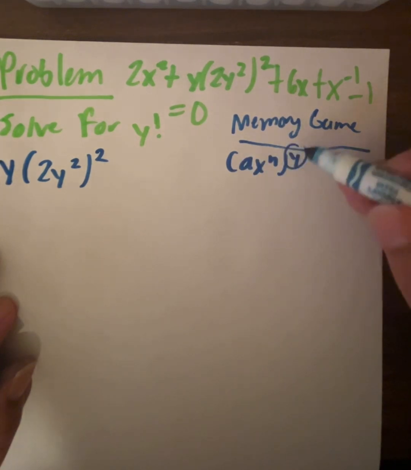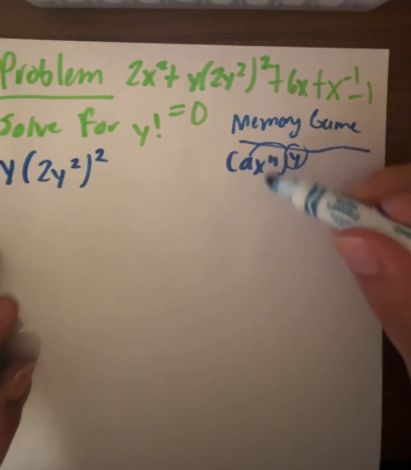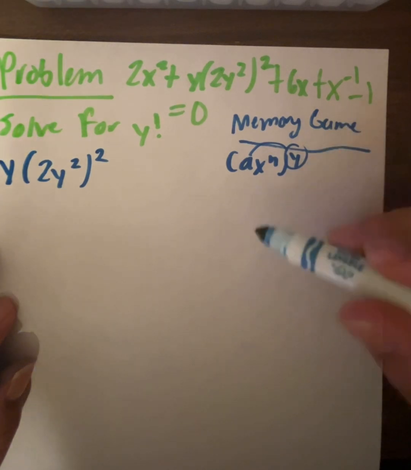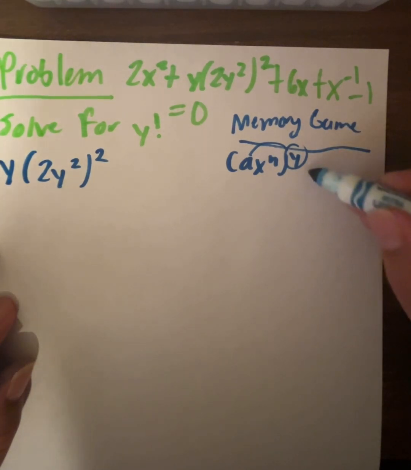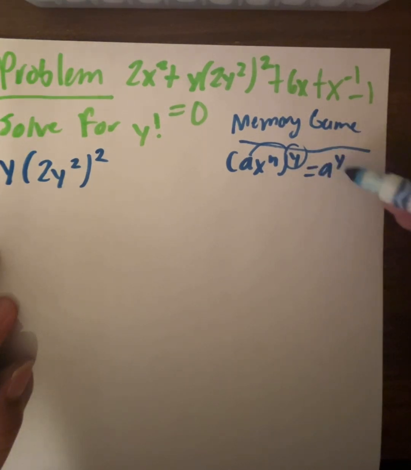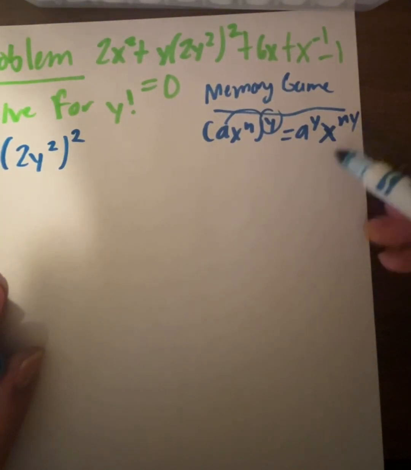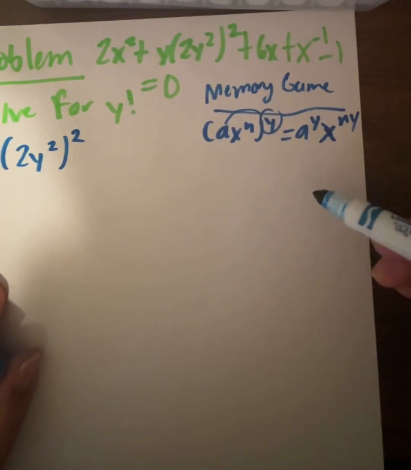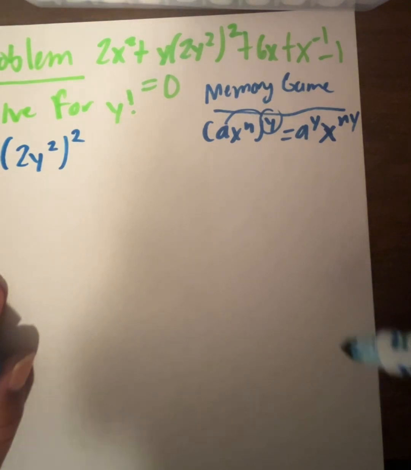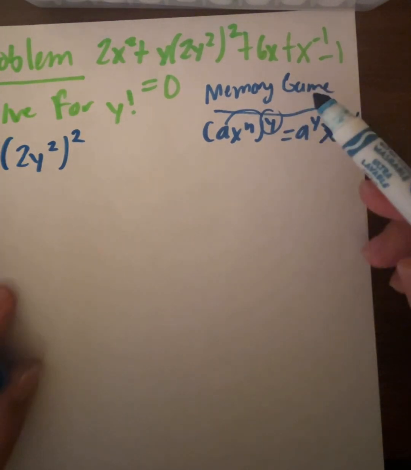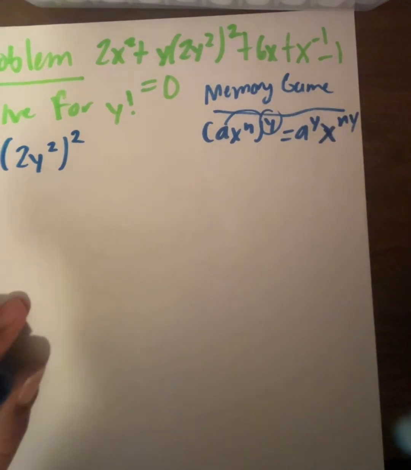We distribute the y to the a, where a is a constant, and to the x to the power of n. So we'll get a to the y and x to the n times y. That's what we get after distributing the y.